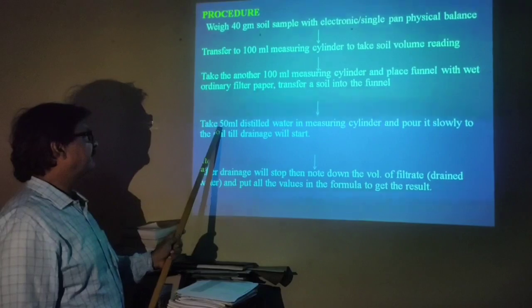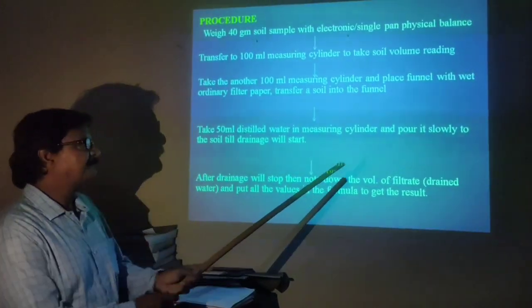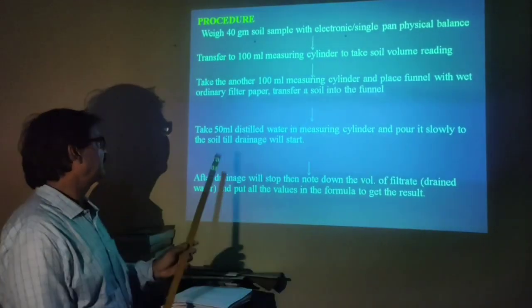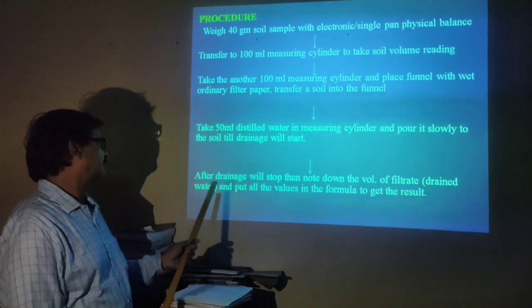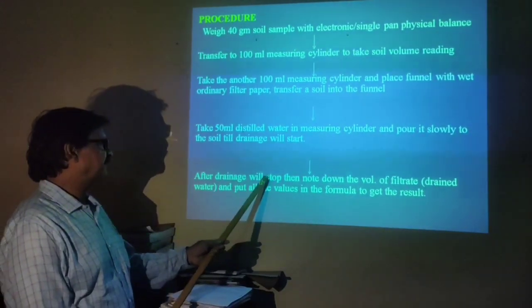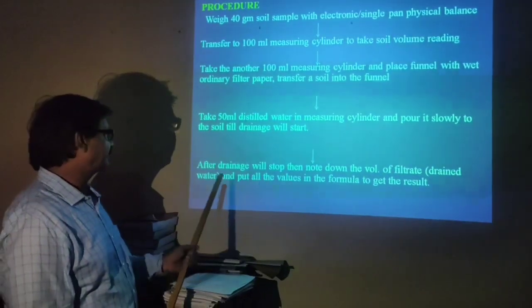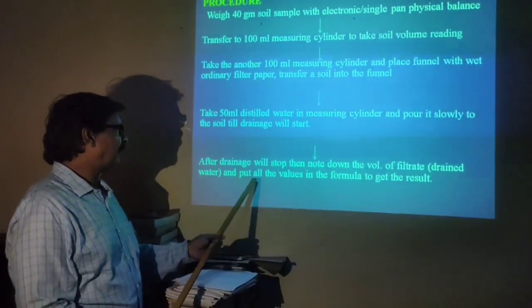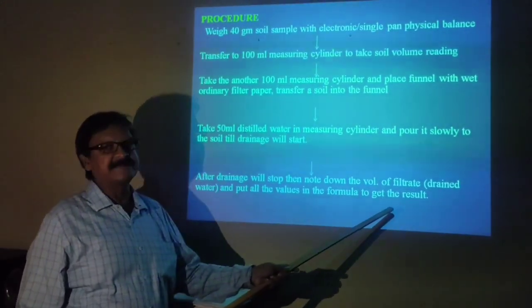Then take 50 ml of distilled water in a measuring cylinder and pour it slowly onto the soil till drainage starts. After drainage stops, note down the volume of filtrate, that is the drained water, and put all the values in the formula to get the result.